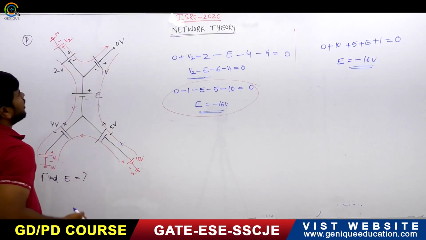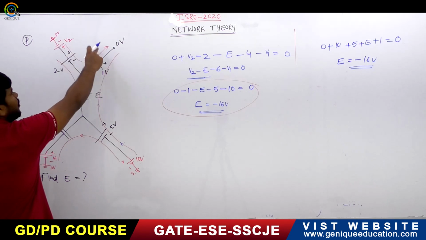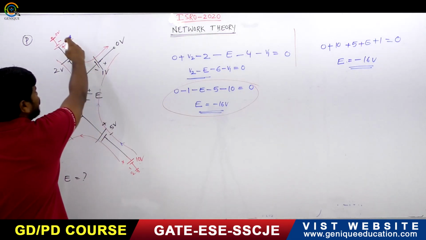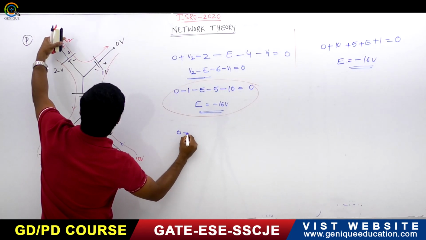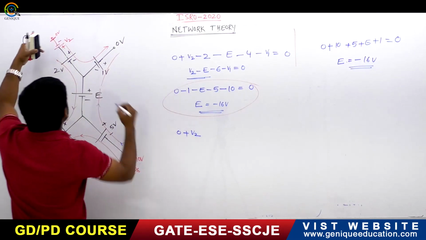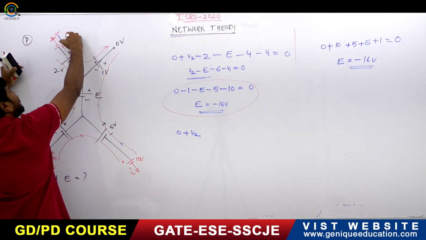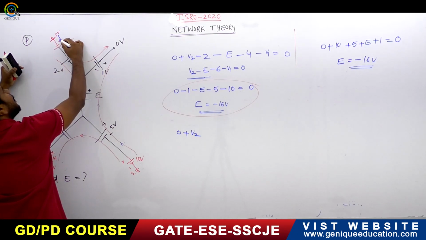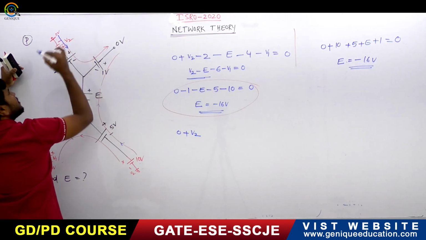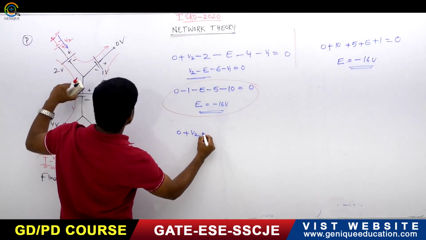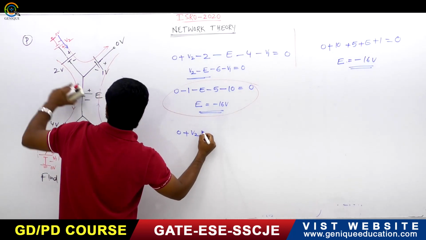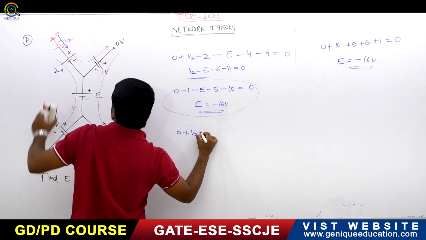Come to this loop and write the KVL in this loop. It is 0 plus V2, 0 because the current is coming in this direction. First of all, the minus sign is there, so write plus V2. Next, 2 volts is there, so you have to take plus 2 volts.